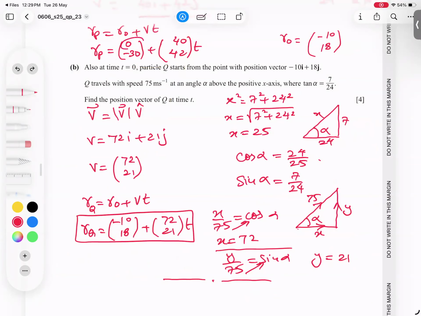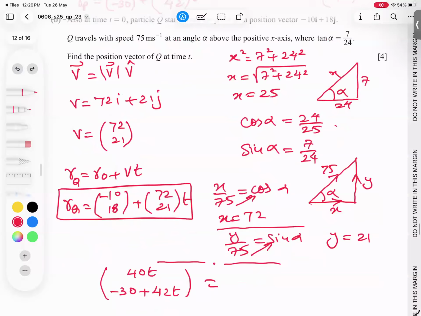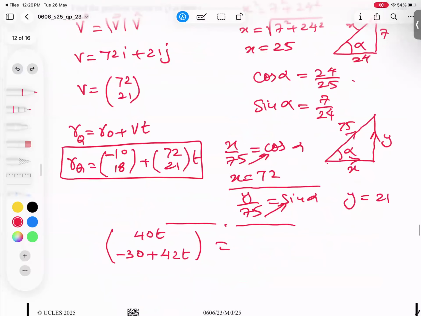So 0 plus 40t, and negative 30 plus 42t. This is RP. Now what about RQ? So negative 10 plus 72t.